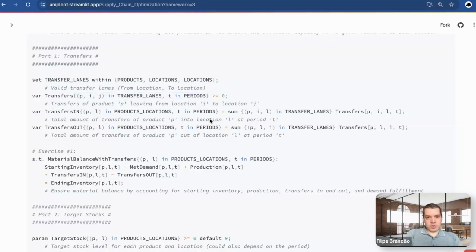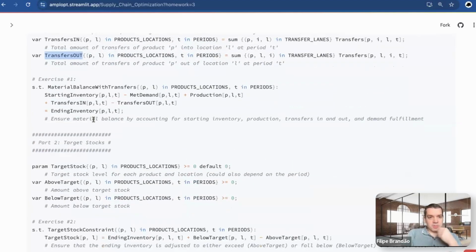And then there are these two defined variables, which are not true variables. They are essentially just a simple way to express this: aggregating everything going in, for a certain product at a certain location in a certain time period, the total amount being transferred in, and the same for the total amount being transferred out.